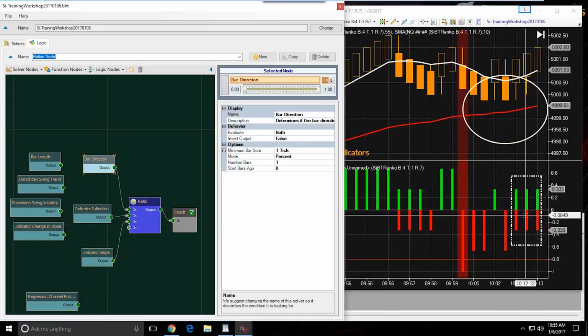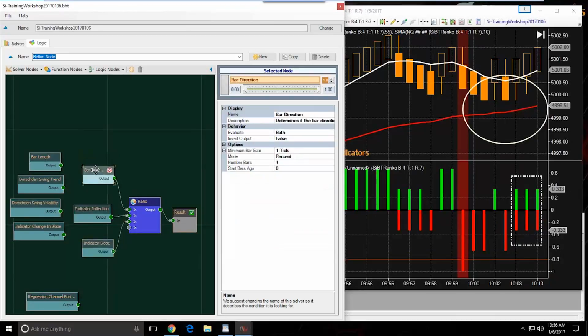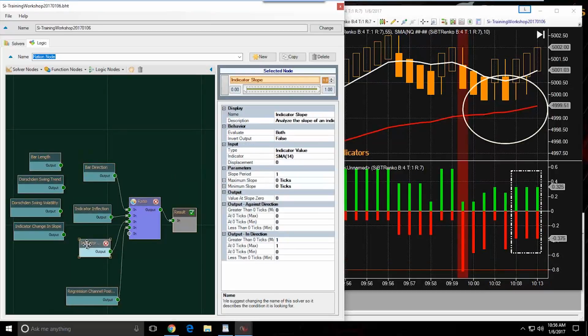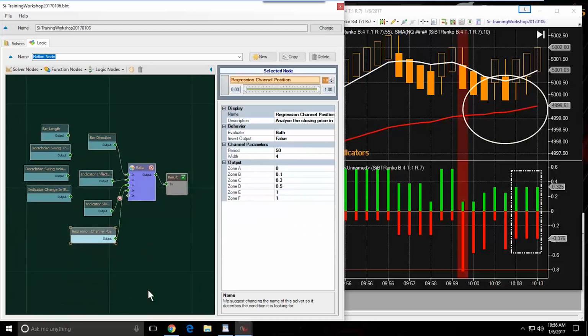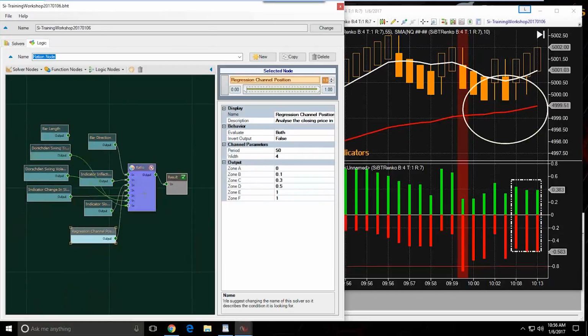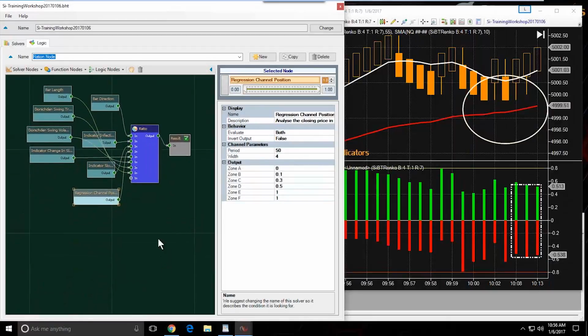So the more solvers you plug in here, the less each solver is worth. Right now each solver is worth a third. If I plug a fourth solver in there, now each solver is only worth a quarter, so it's worth less. And if I plug 10 solvers into it, then each solver is only worth 10%, or a tenth.